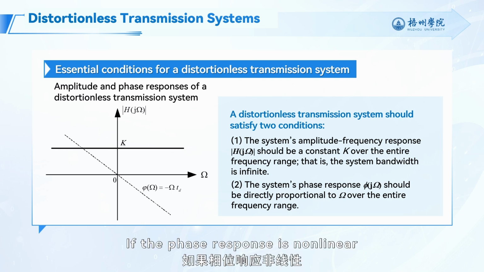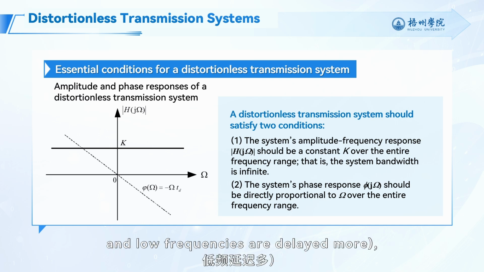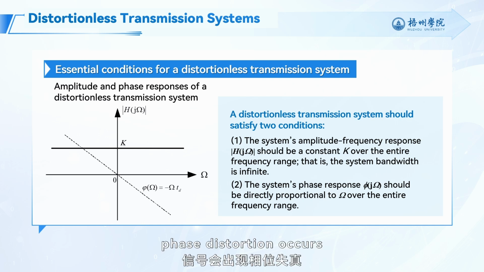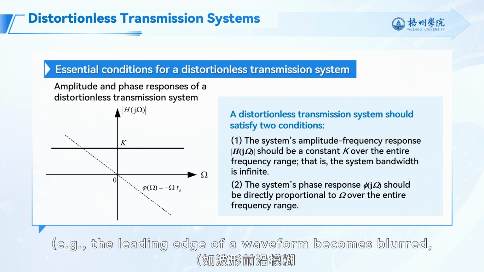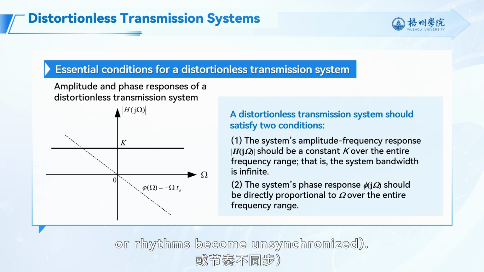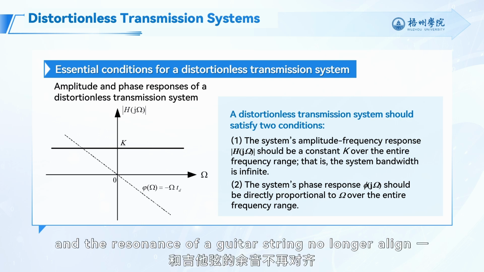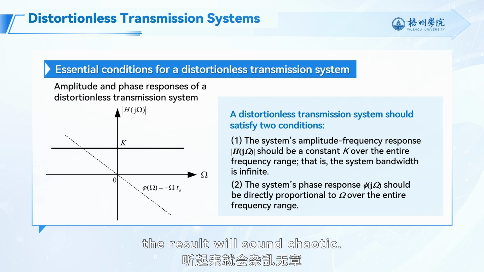If the phase response is nonlinear, for example, high frequencies are delayed less and low frequencies are delayed more, phase distortion occurs. E.g., the leading edge of a waveform becomes blurred, or rhythms become unsynchronized. Imagine that the impact of a drum beat and the resonance of a guitar string no longer align. The result will sound chaotic.